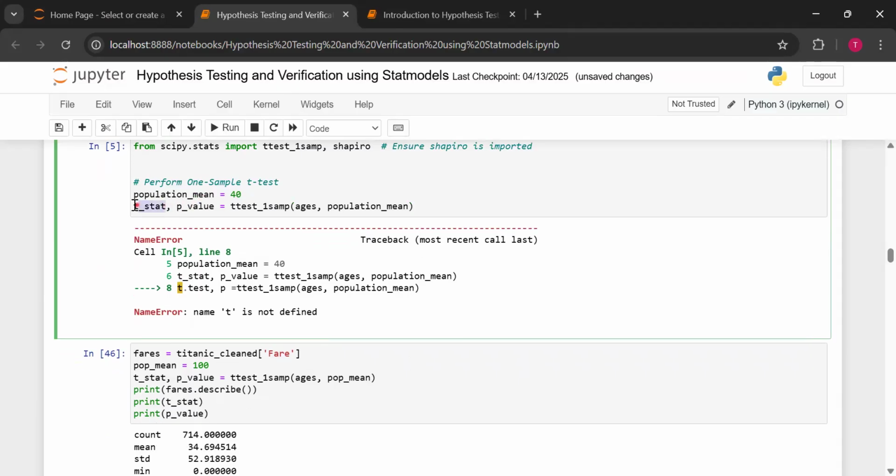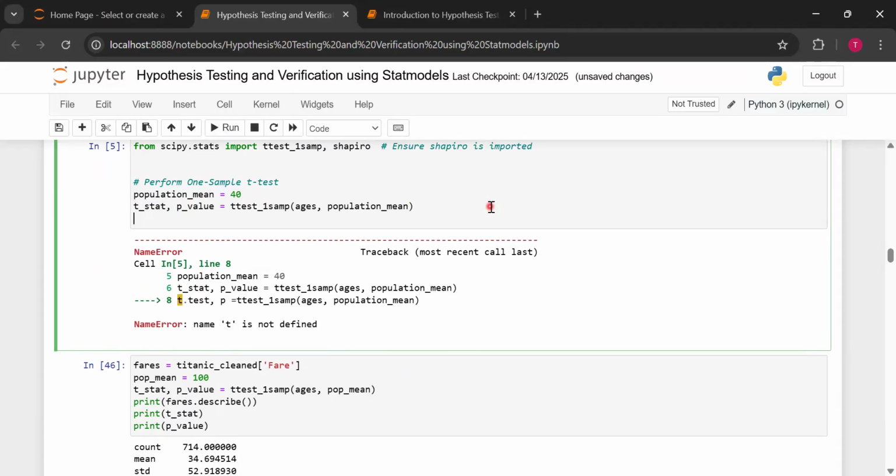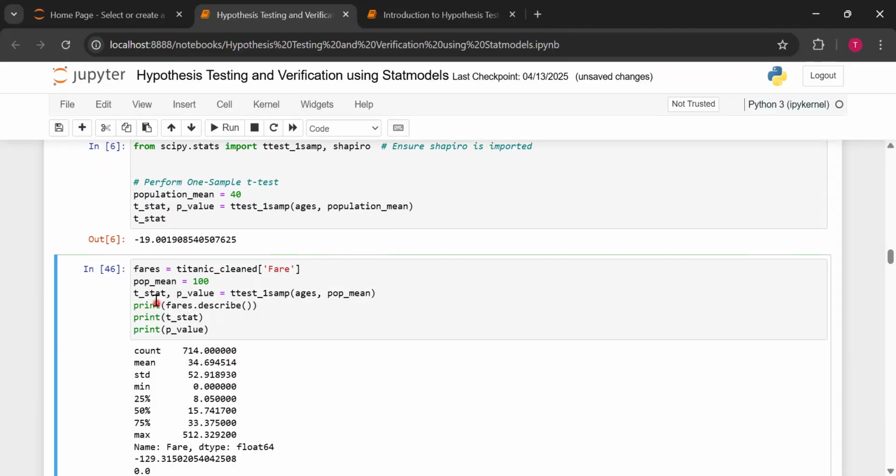So if you want to print your t-stats, you just put your t-stats here. It will give you the value, which is negative 19. That's because the sample mean is far less than the population mean. That's why the value is negative.